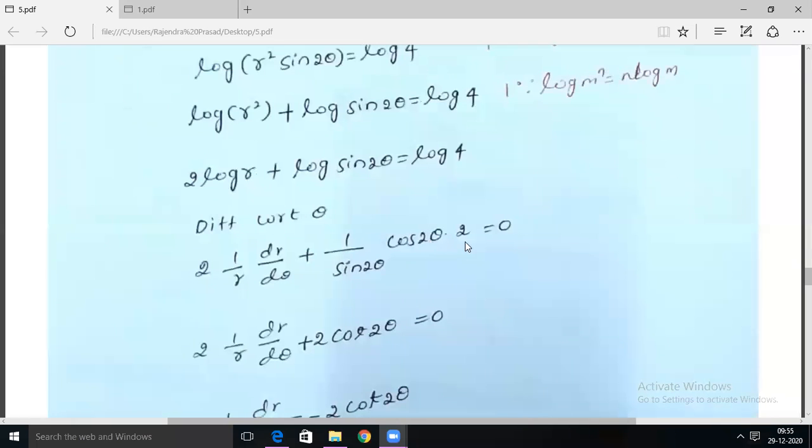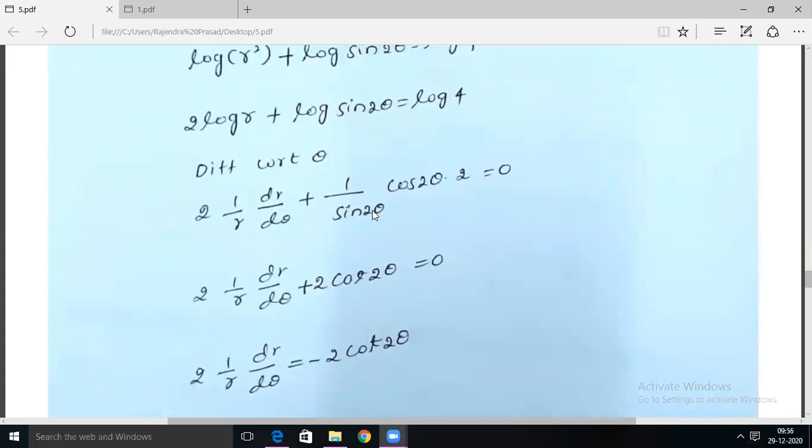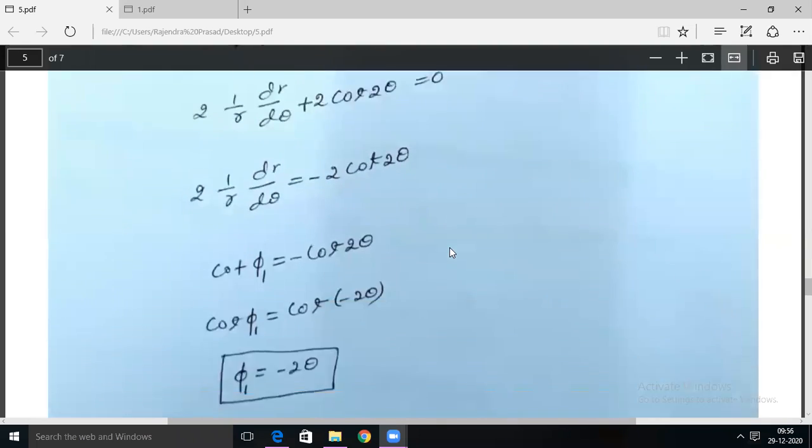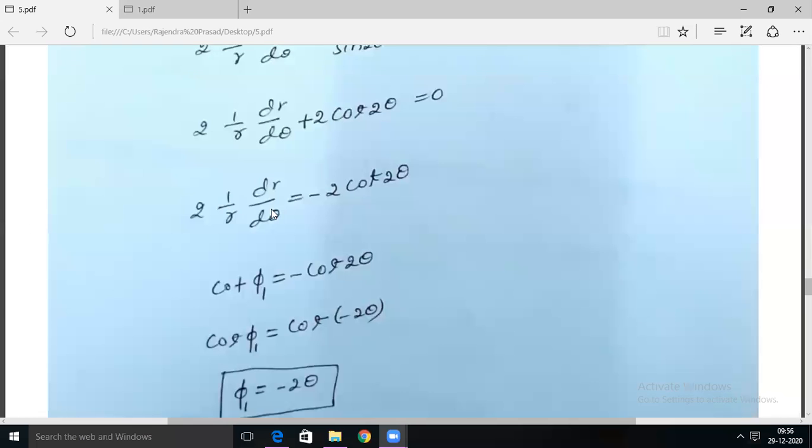Log 4 is a constant, so its differentiation is 0. So 2 into 1 by r dr by d theta, plus 2 cos 2 theta upon sin 2 theta, which is cot 2 theta. Next step, this goes to the right hand side and becomes minus 2 cot 2 theta. So 2 into cot phi 1 is equal to minus 2 cot 2 theta.